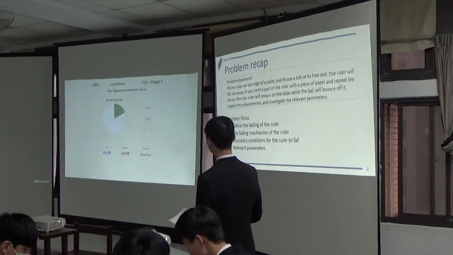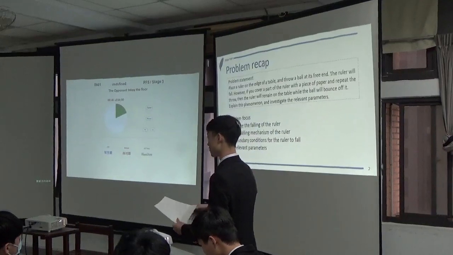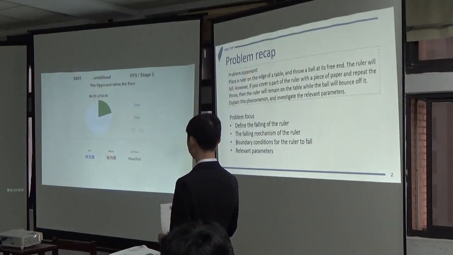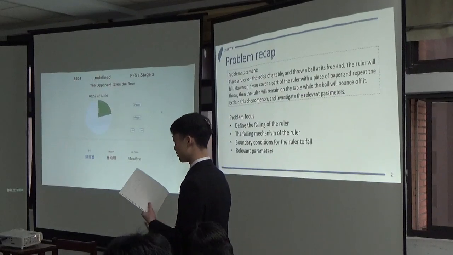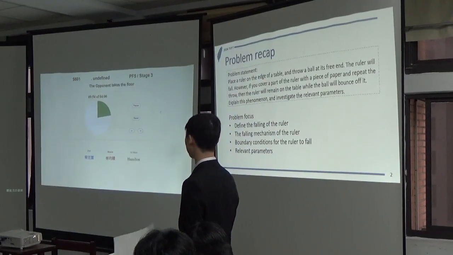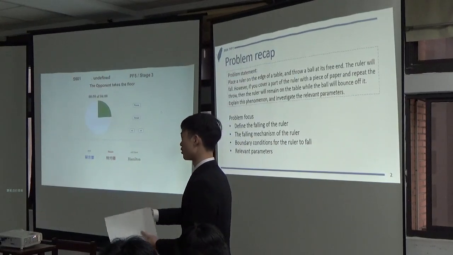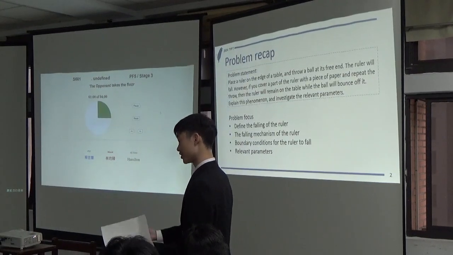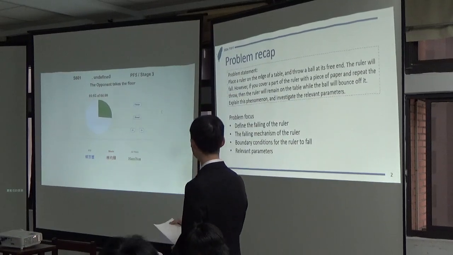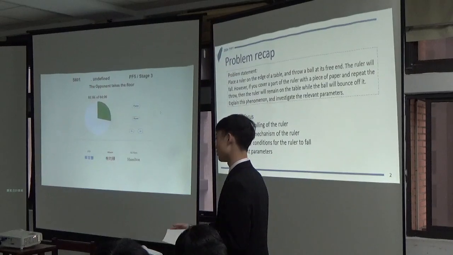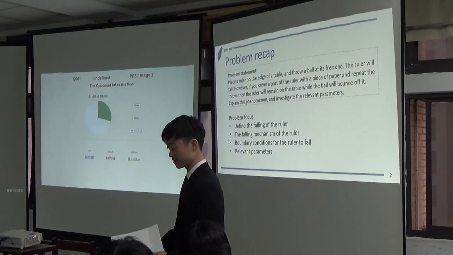So in the problem, firstly, we need to define the falling of the ruler, and then we need to explain the falling mechanism of the ruler. The next thing is to consider whether the ruler will fall, the boundary conditions for the ruler to fall. And the next thing is to study how the boundary condition depends on relevant parameters.